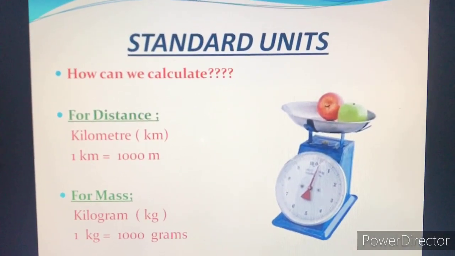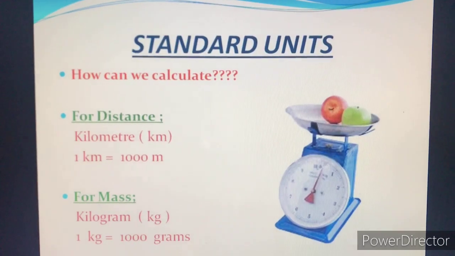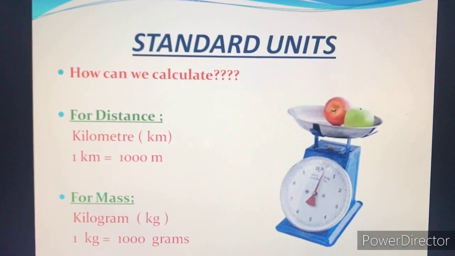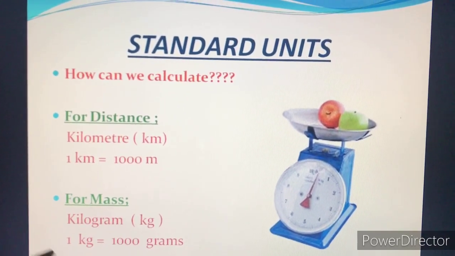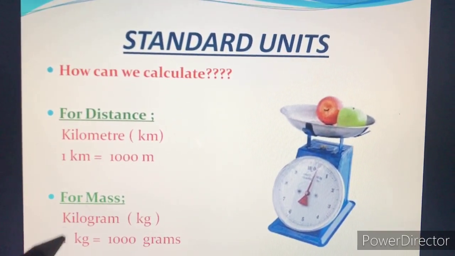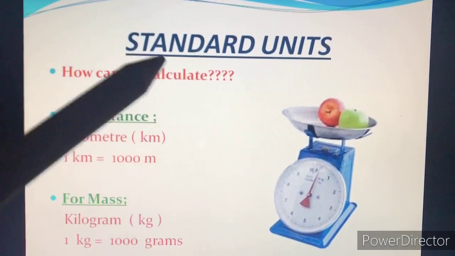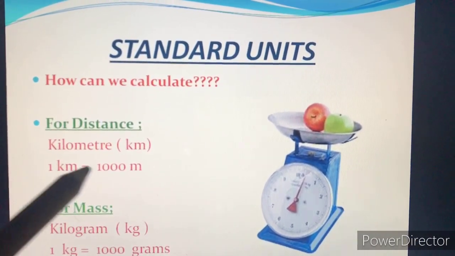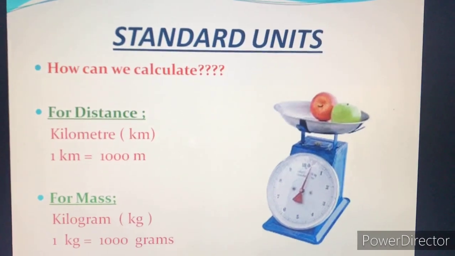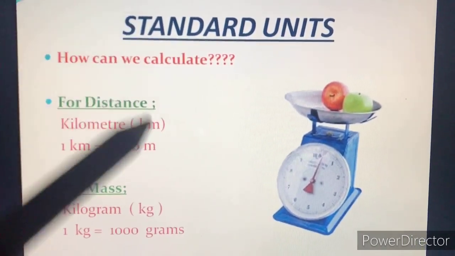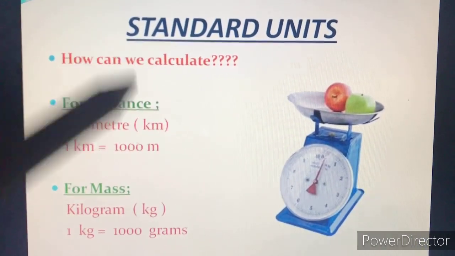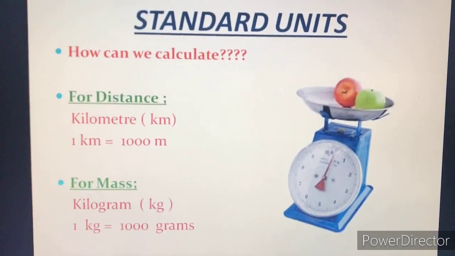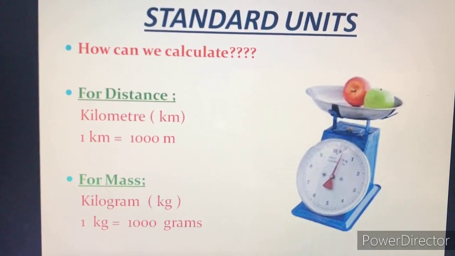It's a very simple and quick short chapter in which you mainly need to learn that 1 kilogram is equal to 1000 gram. And previously you learned 1 kilometer is equal to 1000 meters. Basically you keep these standard units in your mind so you can measure everything, whether it is distance or some object.